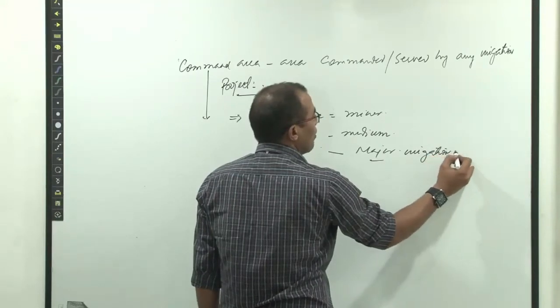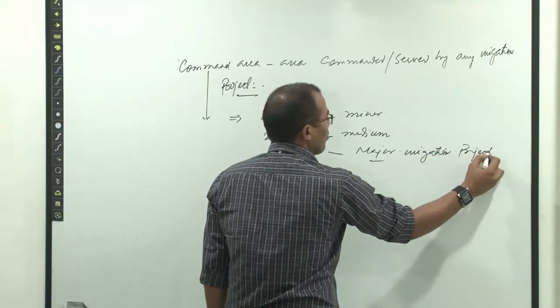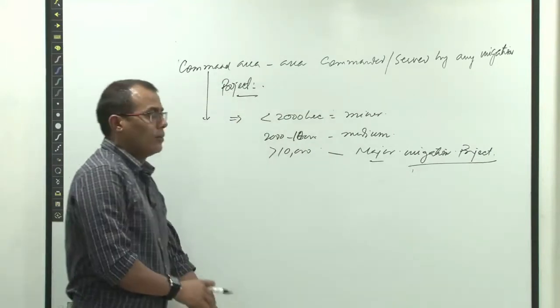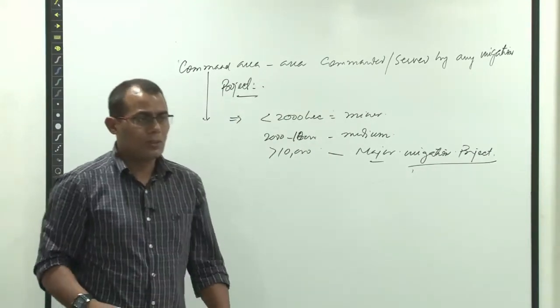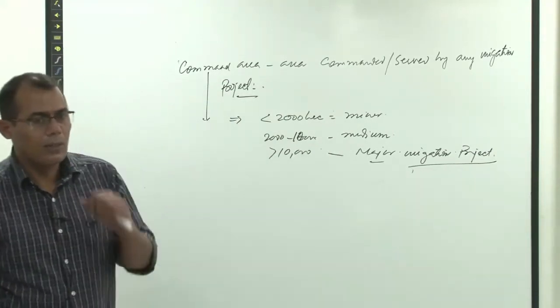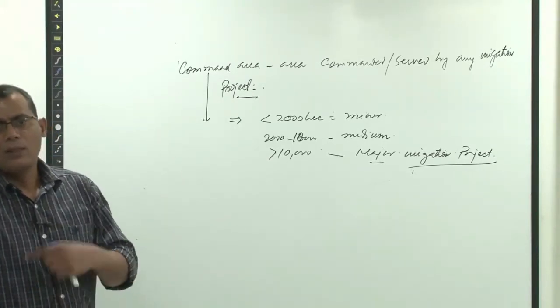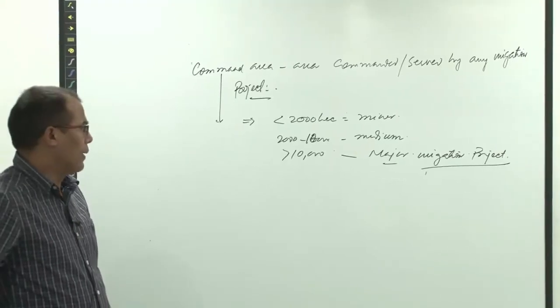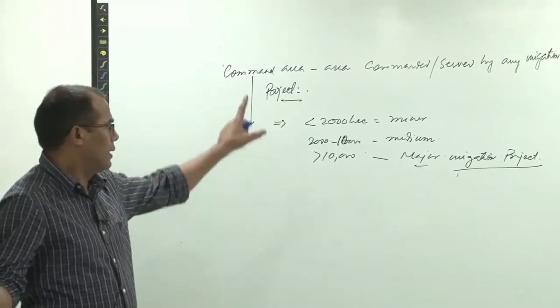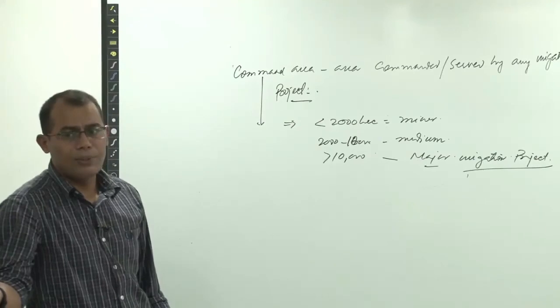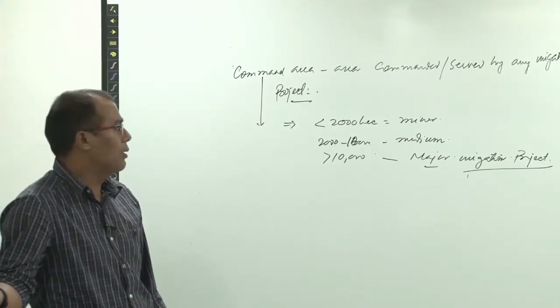Minor, medium and major irrigation project. Rohit, hope you are clear about that. Dams may be of different types, earthen dam, concrete dam. That's a different issue altogether. So this is the command area: minor irrigation project, medium irrigation project and major irrigation project.